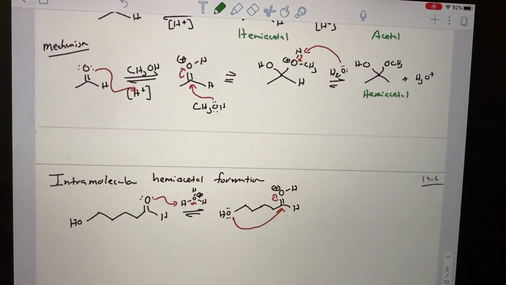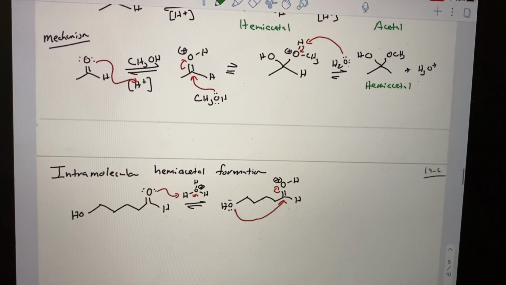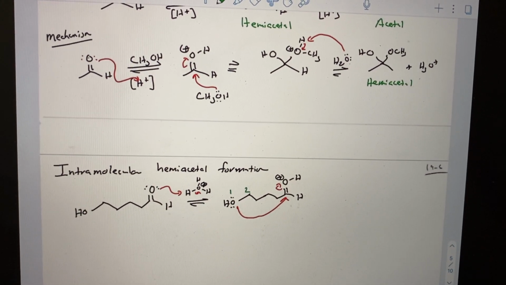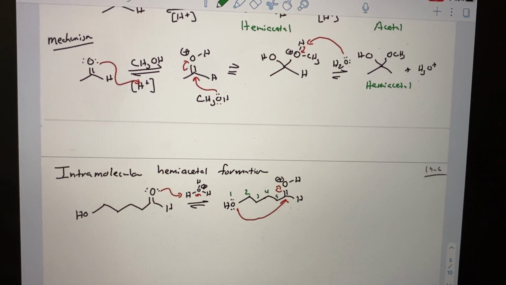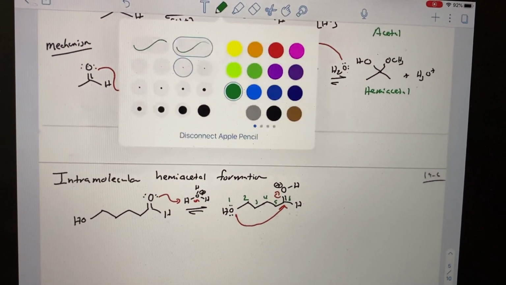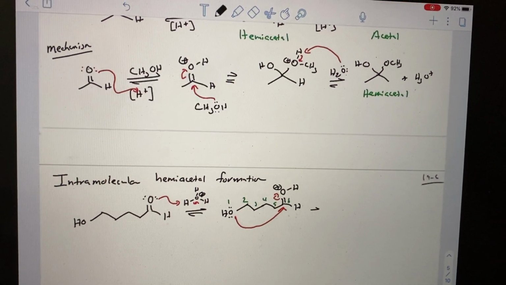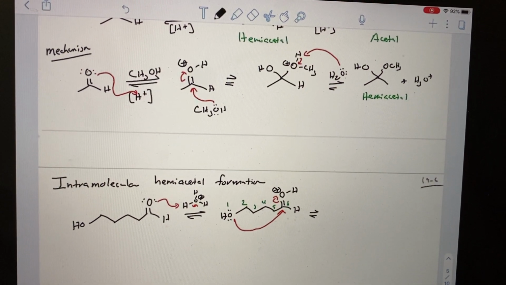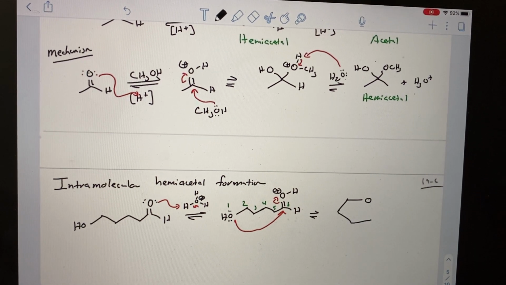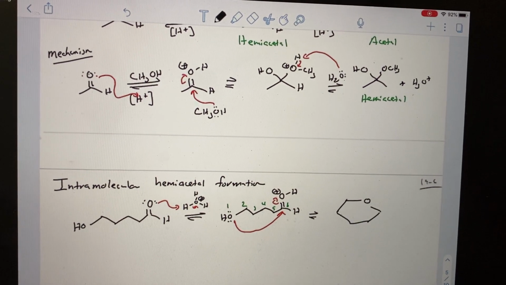And to just keep track of things here, we have this oxygen, so that's going to end up forming a ring. 1, 2, 3, 4, 5, 6 atoms in our ring. And out of convention, let's put the oxygen in the upper right. We'd end up forming a 6-membered ring.